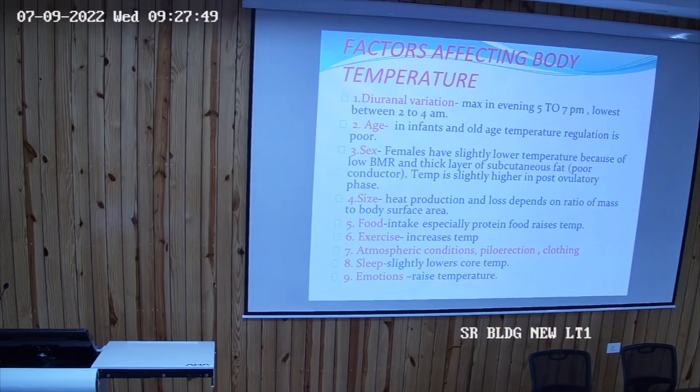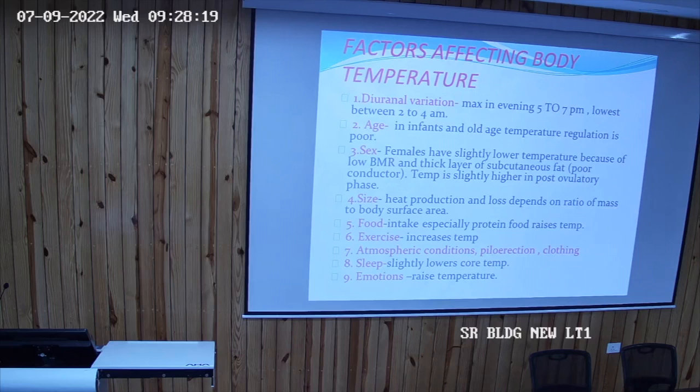Diurnal variation: in the morning it is less, in the evening it is more. The reason lies in the working and physical activity of the body. In infants and old age, temperature regulation is poor. In infants, we have brown fat. Another reason is they do not have a fully developed thermoregulatory mechanism.